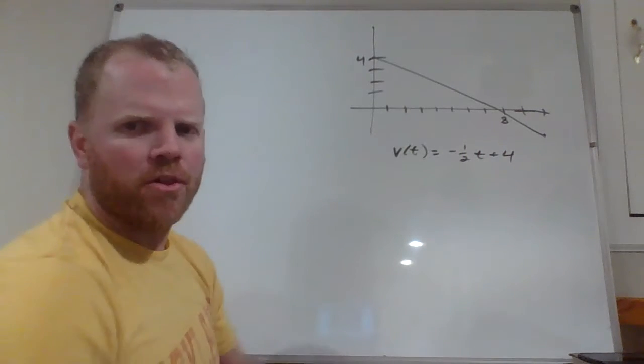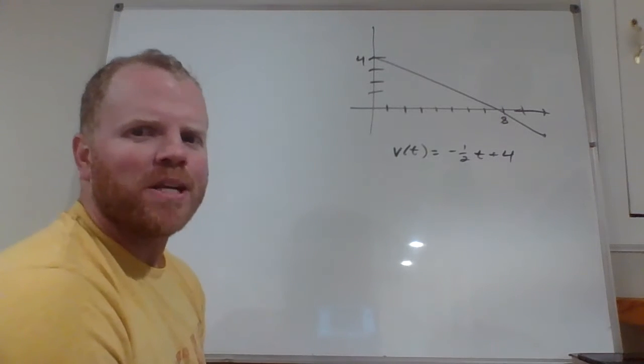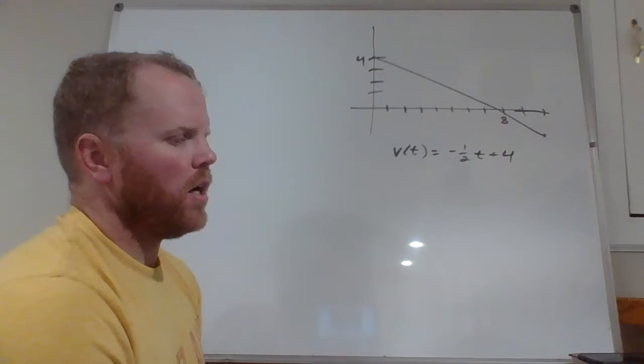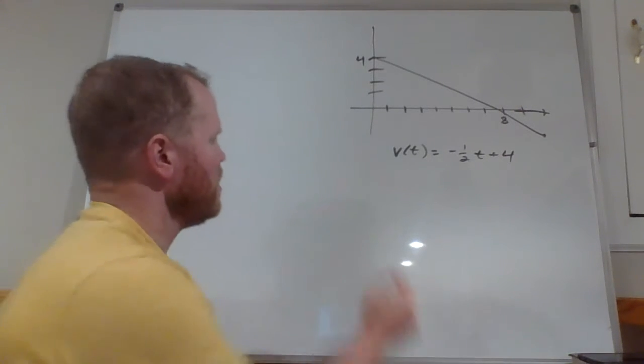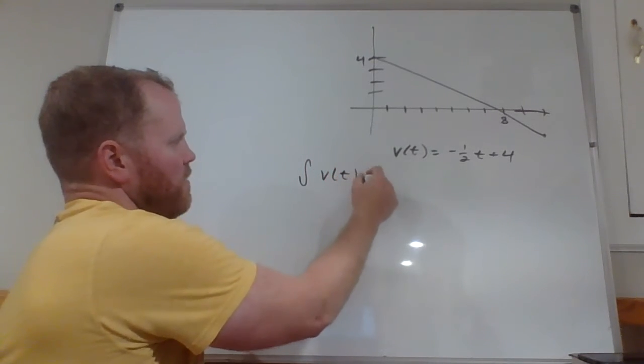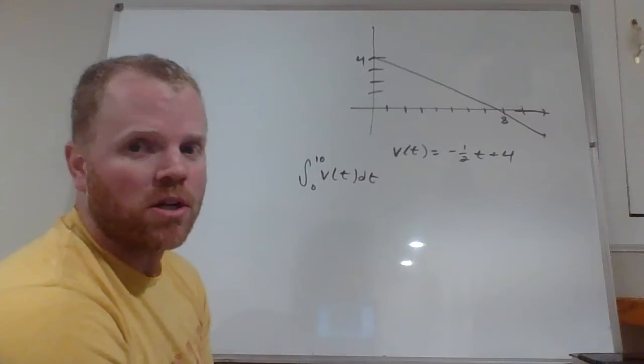And we're asked a couple things about this function this time, which is, what is your displacement, aka change in position, from t equals 0 to t equals 10? So essentially what we're saying is you could integrate this velocity function from 0 to 10 to answer that question.